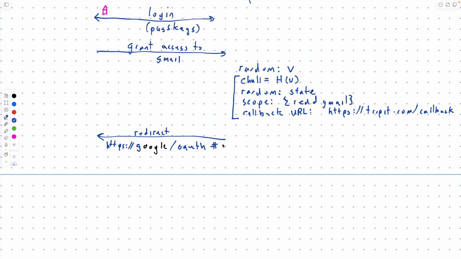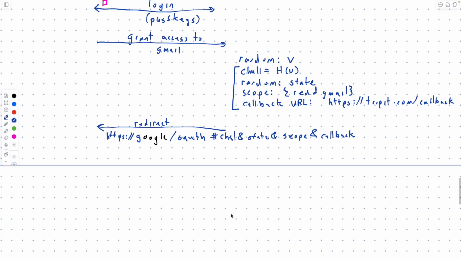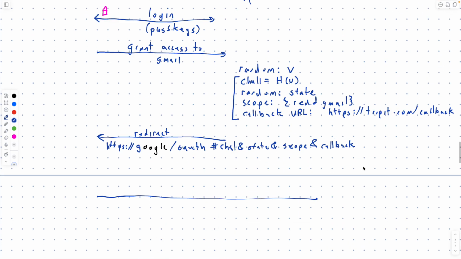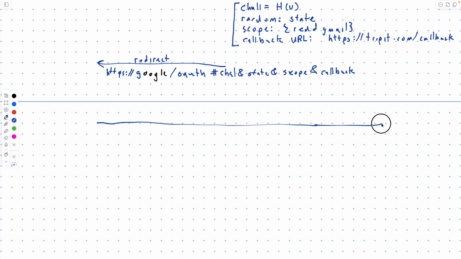Okay, so the challenge, the state, the scope, the callback, all of that stuff gets sent. Okay, and then what the user will do is they get redirected to this URL, so they end up sending this URL to Google. Okay, so Google gets all of this information.